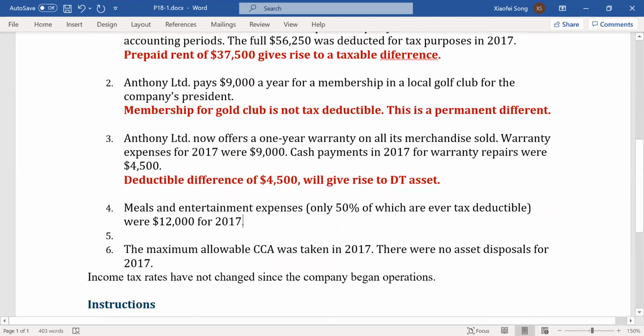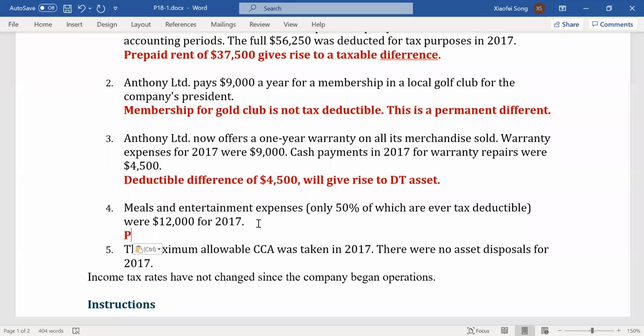Okay, next, meals and entertainment difference. Meal and entertainment expense, only 50% of which is ever tax deductible, or 12,000 for 2017.